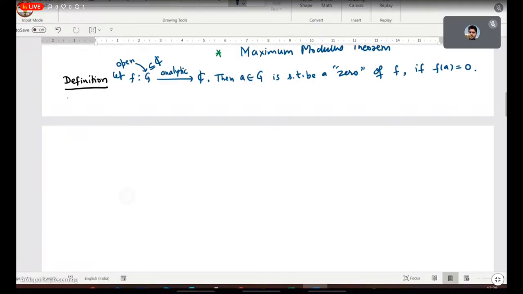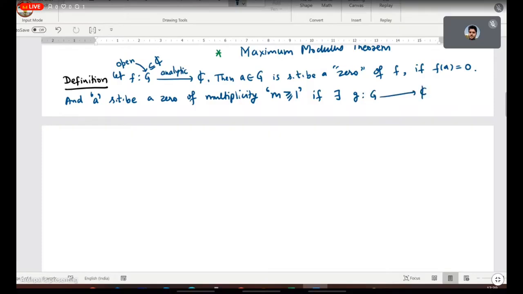And a is said to be a zero of multiplicity m, where m is greater than or equal to 1, if there exists another analytic function g from G to C such that f(z) can be expressed as (z minus a) to the power m into g(z), where the value of g at a must not vanish.